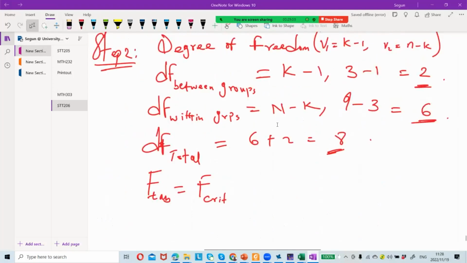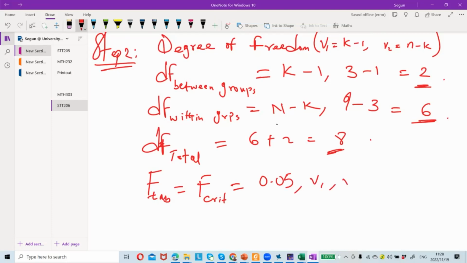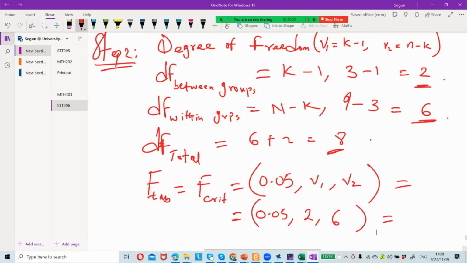The degree of freedom will be 0.05, comma V1, comma V2, right? That is what we need now to give us the answer. We know 0.05 is the level of significance. V1 is 2. V2 is 6. So we will look for this on the table. Let's go to the table.